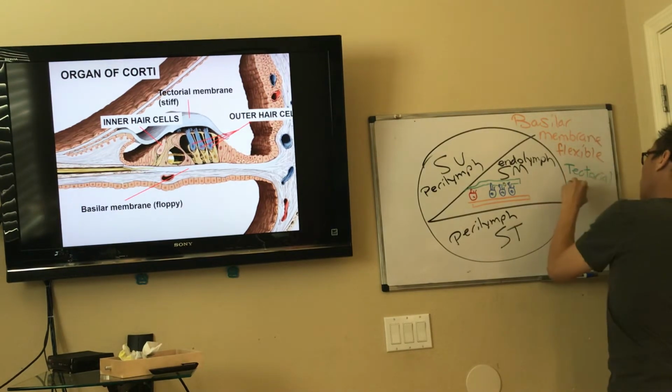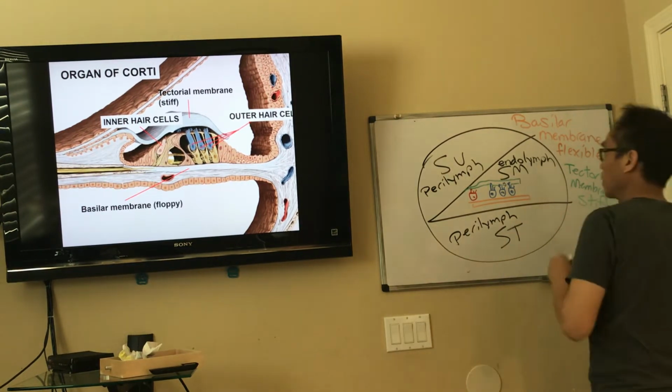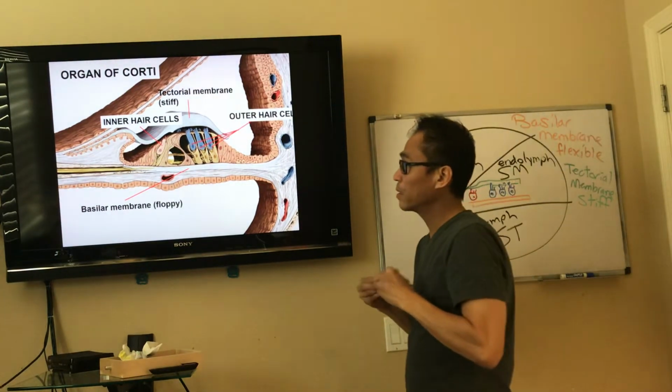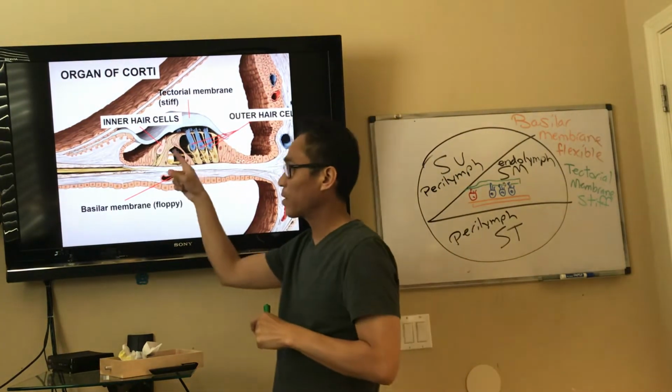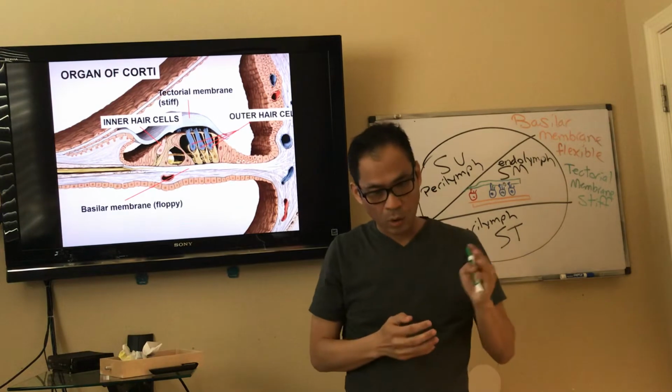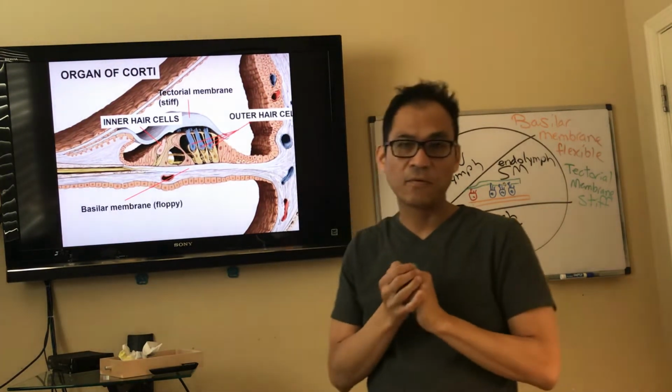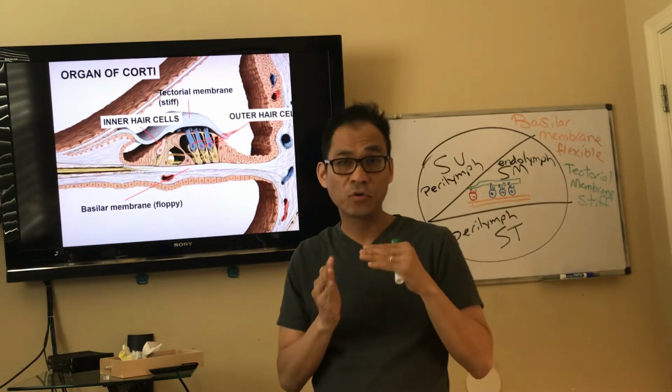Tectorial membrane, it's more stiff, not as flexible as the basilar membrane. And so all of these hair cells, the inner and the outer, they're connected to the cochlear branch of cranial nerve 8 for hearing.